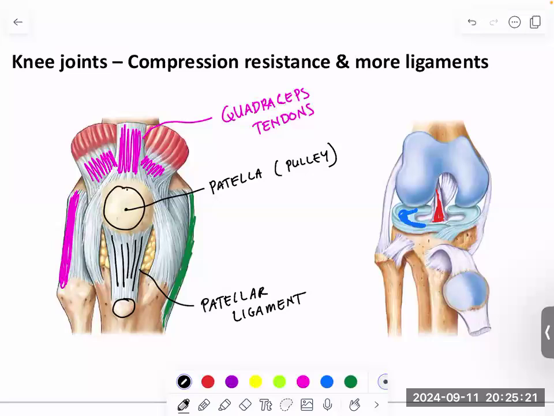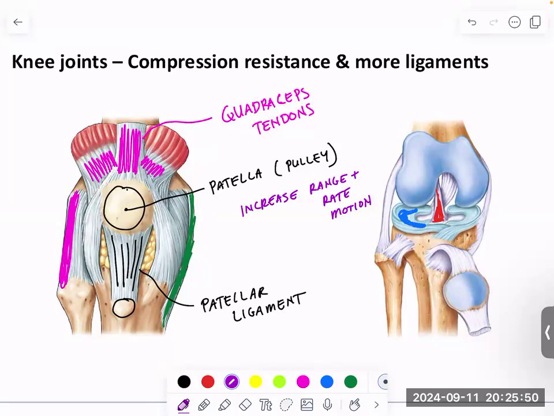The patella is literally just acting like a pulley mechanism there, which helps increase range and rate of motion. How much it moves, how fast it moves. That's what a pulley does. It increases the range and the rate of motion.